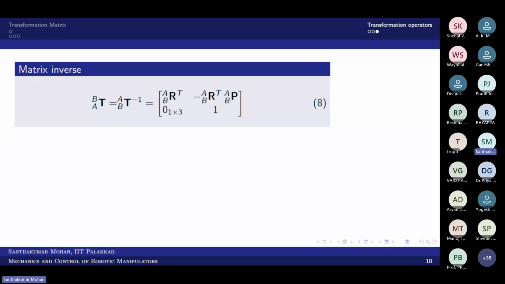Although it has nine elements, the independent variables are only three rotations. So from one body to another body, to describe it you need three orientations and three translations, indirectly six variables required, right?